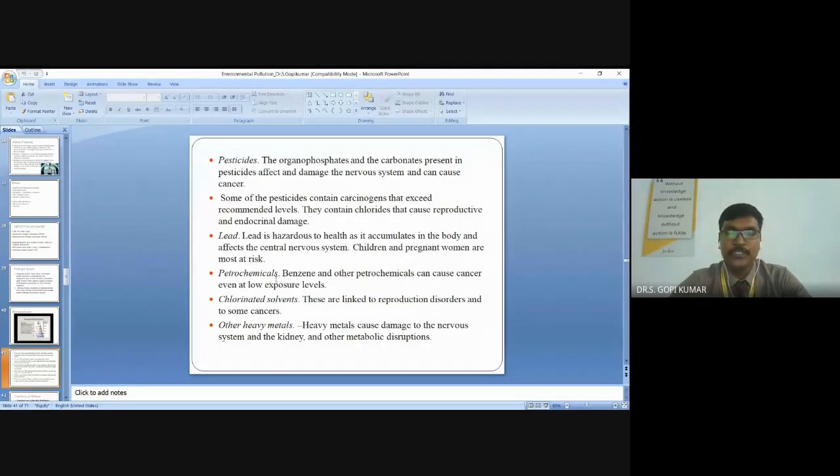The components supporting biomagnification are pesticides, lead, petrochemicals, chlorinated solvents, and other heavy metals. So when excess quantities of components such as pesticides and lead are forced into a river or water body, biomagnification naturally collapses, and that leads to water pollution.